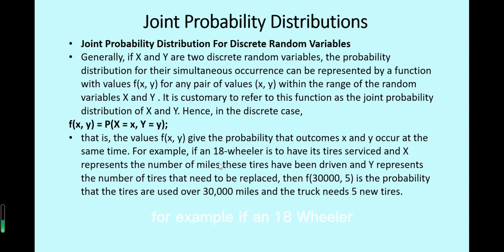For example, if an 18-wheeler is to have its tires serviced, and X represents the number of miles these tires have been driven, and Y represents the number of tires that need to be replaced, then f(30000, 5) means the probability that the tires are used over 30,000 miles and the truck needs 5 new tires.